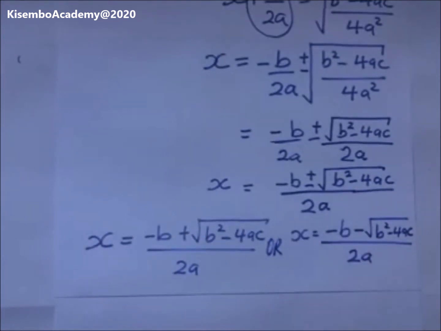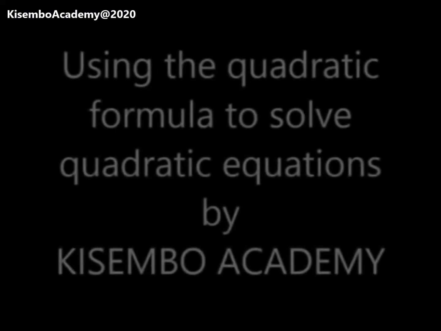So this is how we derive the quadratic formula, and it is the general formula we shall be using to solve quadratic equations. In our next video, we will be looking at how to solve a few quadratic equations using this quadratic formula. Thanks.